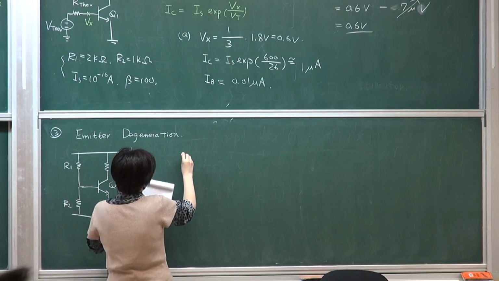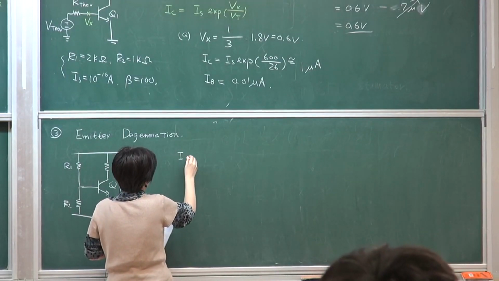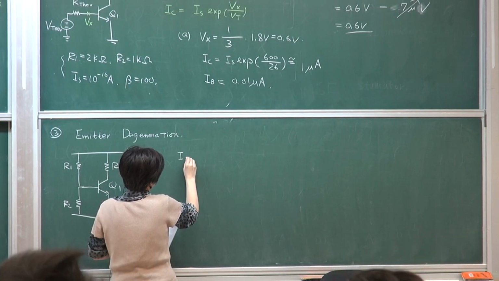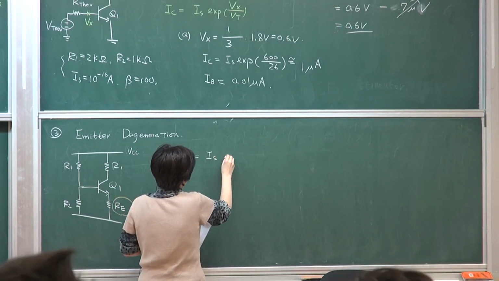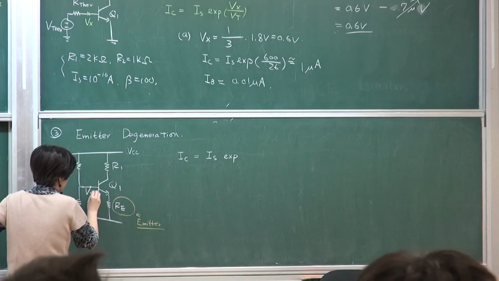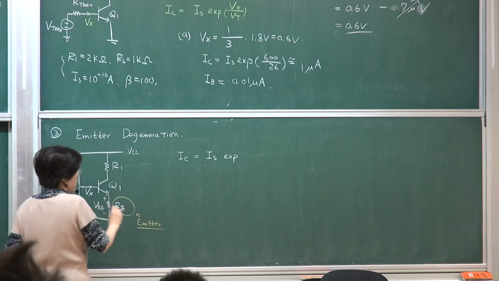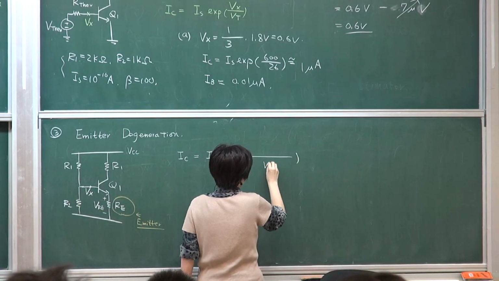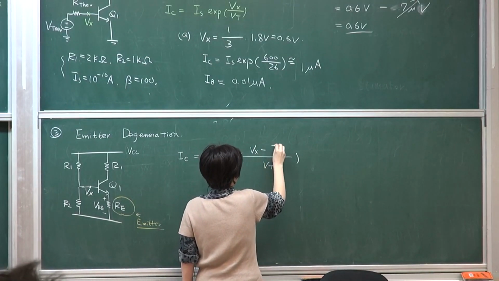So in this circuit, your collector current would be set by IS exponential. There will be a Vx, and then there will be a VRE. So your voltage would then be set by Vx minus IE times RE.